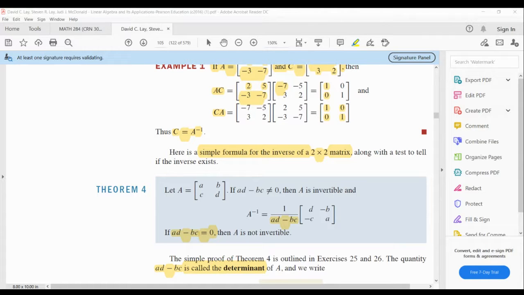Why is that? Based on the inverse formula, why would that be the case? Good. You can't take 1 and divide it by 0. So in the formula, you have 1 over the determinant of A, and if that determinant of A equals 0, you have an undefined situation.